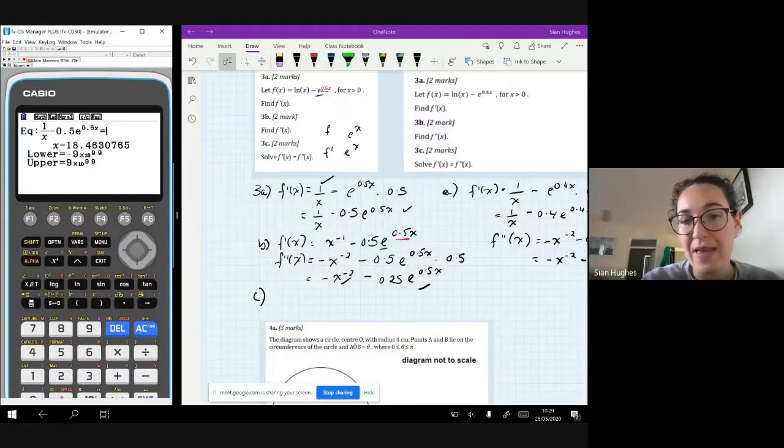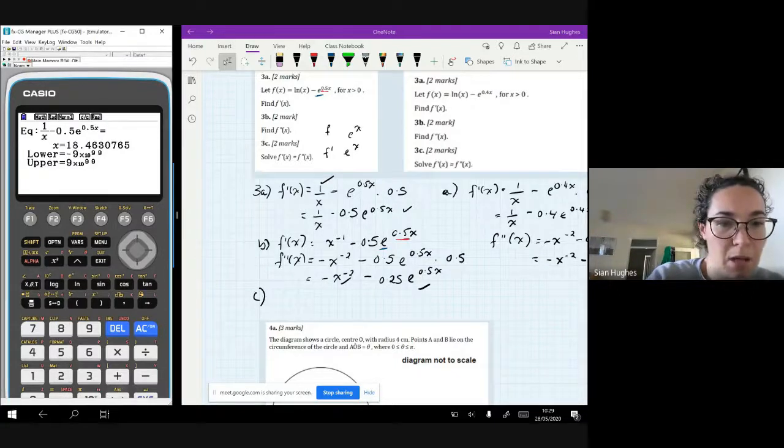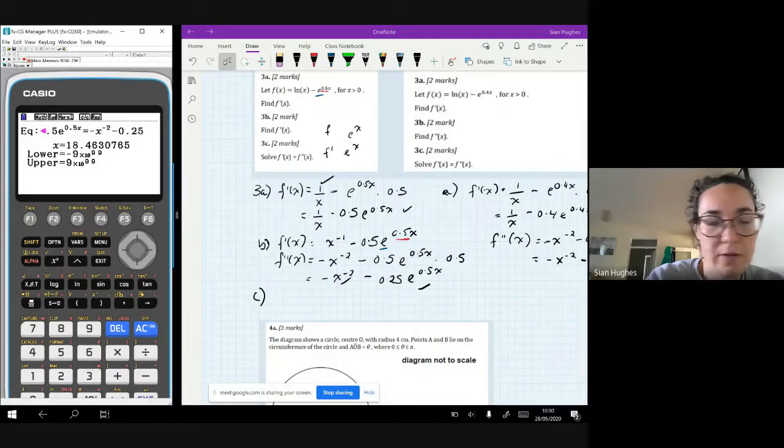And then, so that's the f dashed of x, and then the f double dashed of x is minus, and make sure you choose the minus in the brackets here, x to the power minus 2, and then minus 0.25 e to the 0.5x.